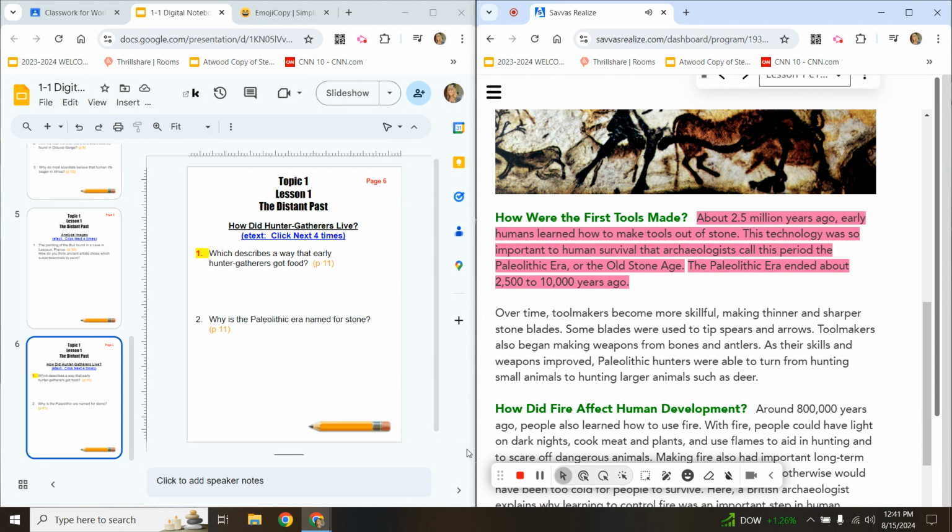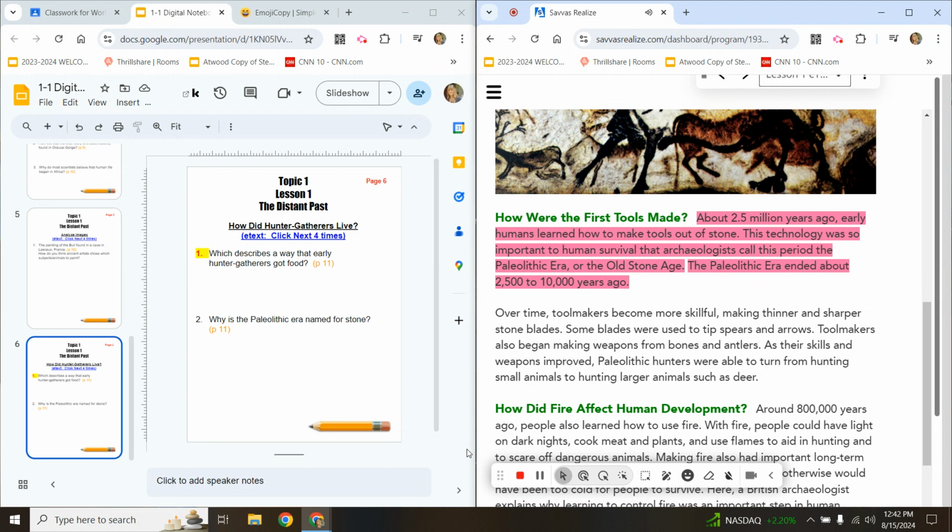How were the first tools made? About 2.5 million years ago, early humans learned how to make tools out of stone. This technology was so important to human survival that archaeologists call this period the Paleolithic era, or the Old Stone Age. The Paleolithic era ended about 2,500 to 10,000 years ago.